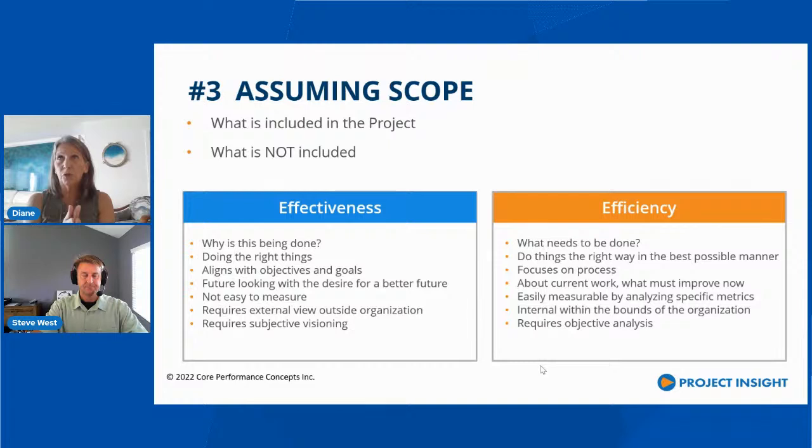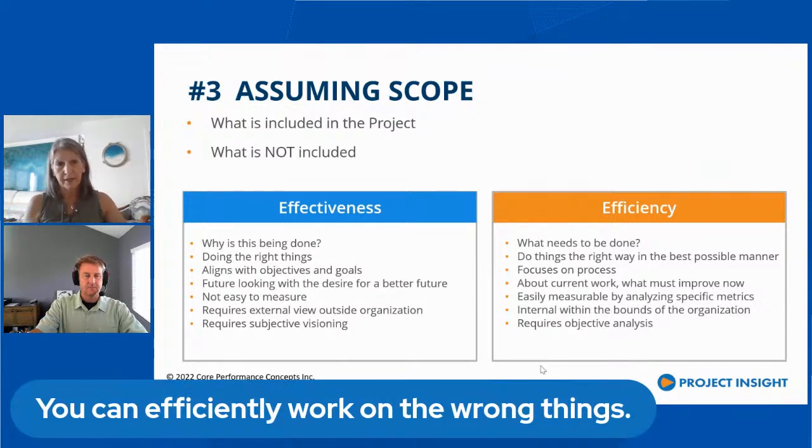But what you want to make sure is they're working on the right things. Too often they end up working on the wrong things and not the higher priority things, and that could be efficiently working on the wrong things. So what you want is efficiency, but working on the right things. That makes your whole program and your whole team more effective. It means they can get things done in a faster period of time and get things done well if you're effective.